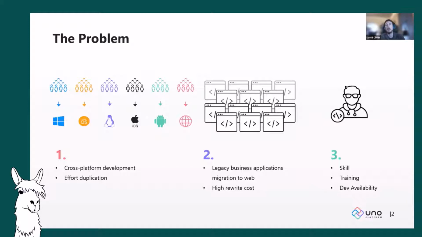A particularly common use case, particularly for businesses, is bringing applications that have hitherto run on the desktop to run often on the web, or in some cases running on legacy web technology like Silverlight, may it rest in peace, into more modern and supported web technologies.